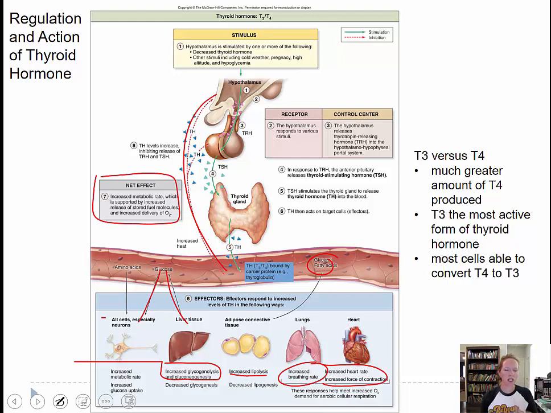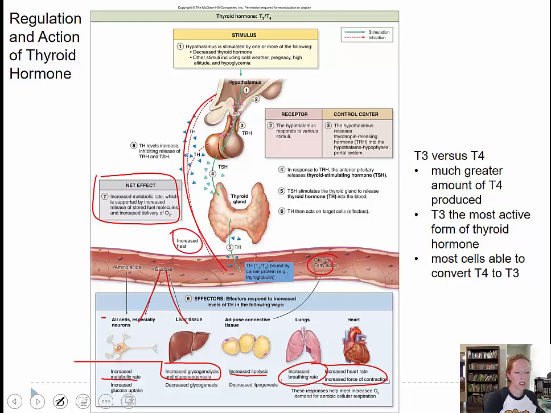So once we can get glucose and oxygen to the cells, that increases metabolic rate, which remember is going to increase how much oxygen we use, how much glucose we use, and things like that. And always heat is going to be increased as well. Anytime that we have more cellular respiration going on in the body, energy in the form of heat is also produced. So it is going to go in and increase our heat as well.